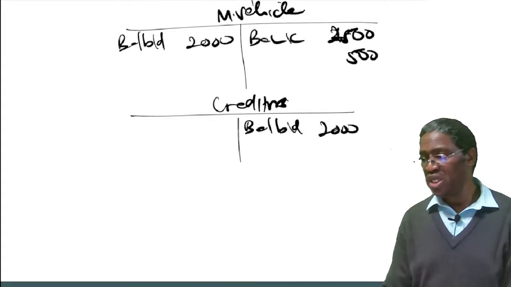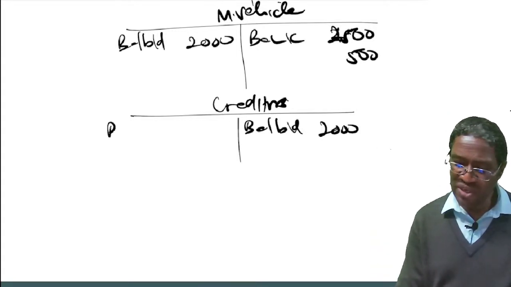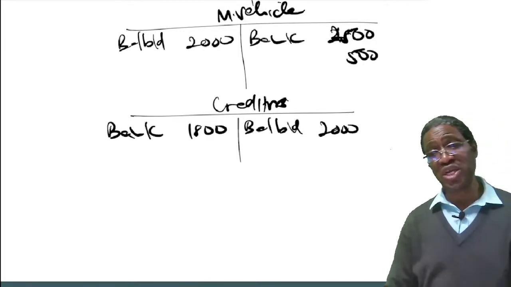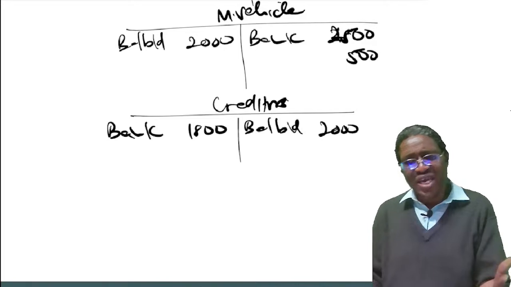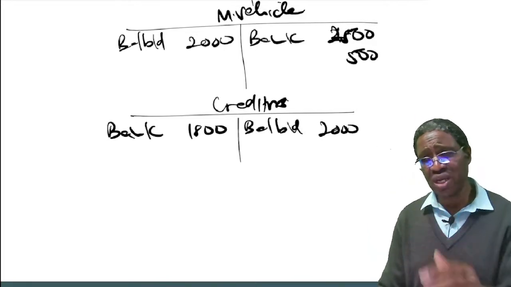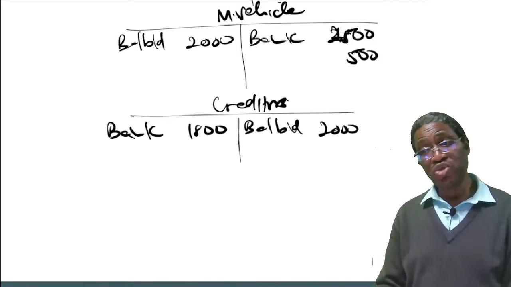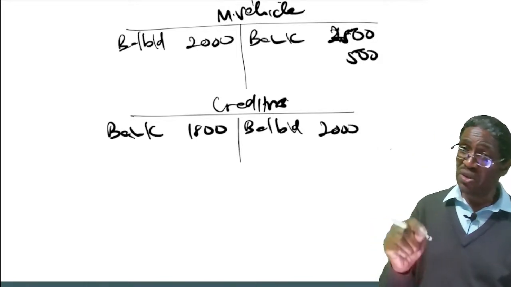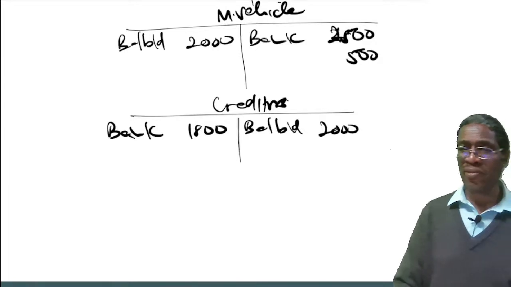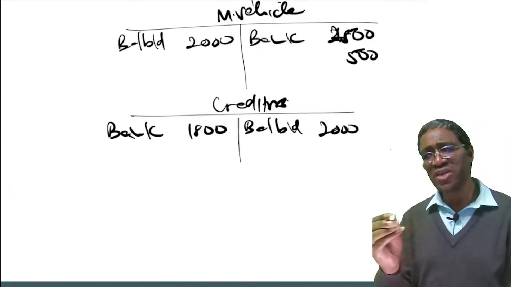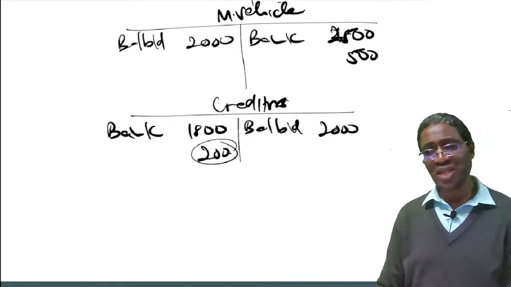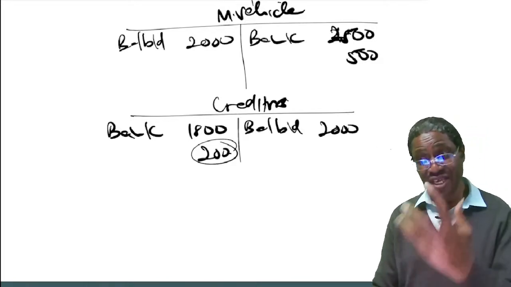So you must have debited creditors and credited bank by 1.8 million. Again, we can't leave this account pending. We owe them 2 million, they were willing to accept 1.8 in full settlement. So it means the creditors have given me a discount of 200. That's a discount received. It's a gain.